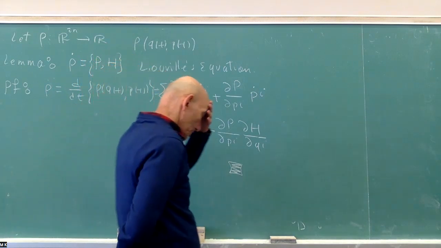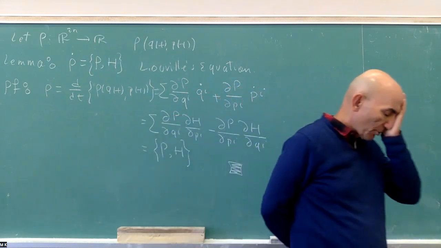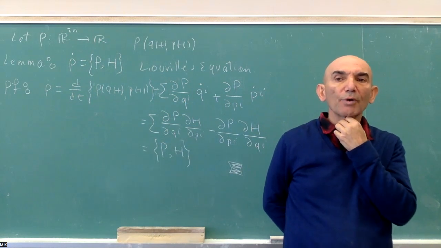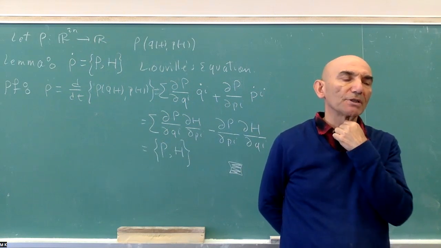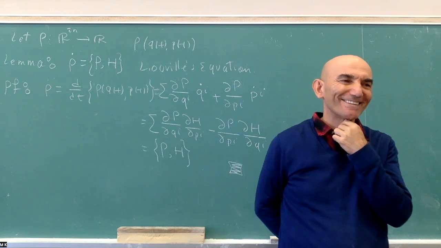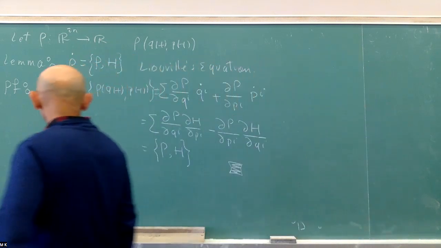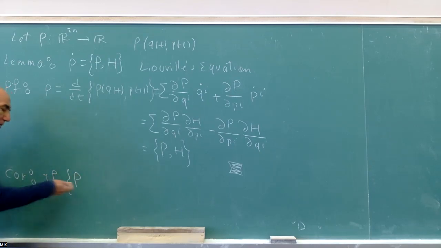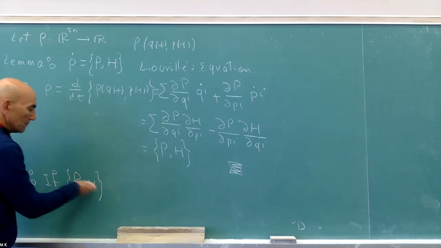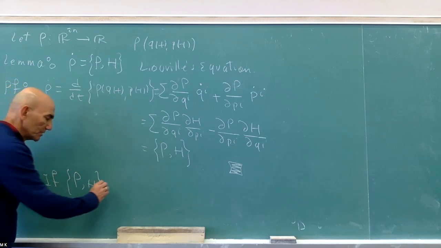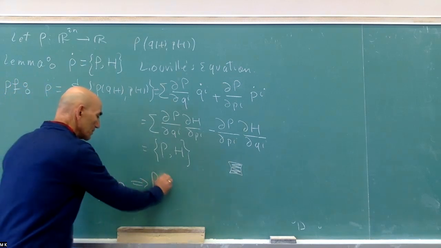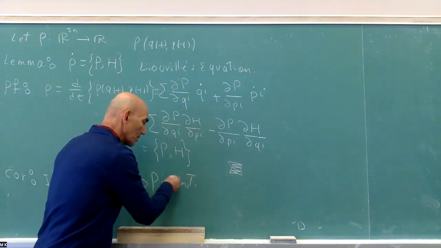Okay, so now something interesting we can derive from this, namely, if a function is such that this Poisson bracket with h is 0, then that function is a constant of motion. So the corollary, which is interesting, is that if you have an observable rho whose Poisson bracket with h is equal to 0, then this rho is a constant of motion.